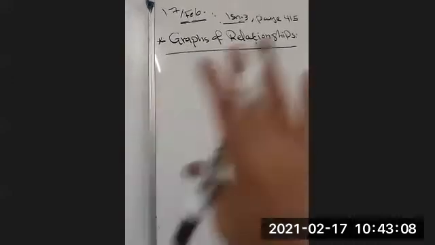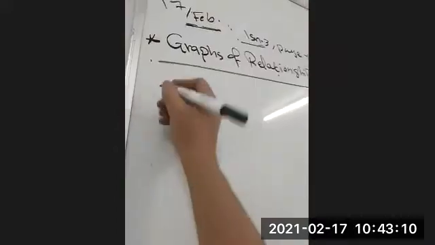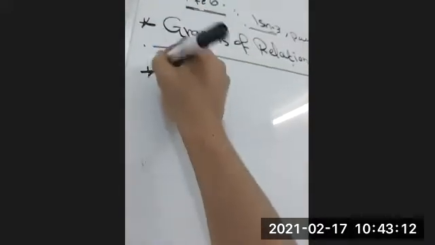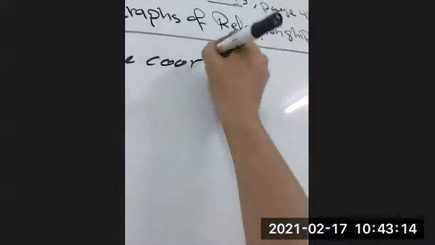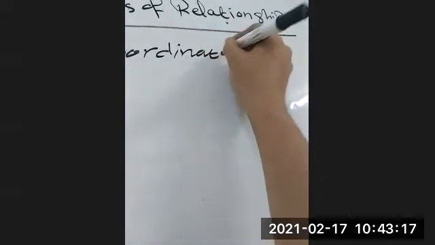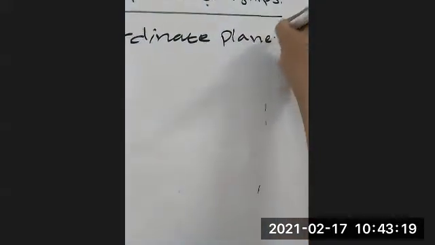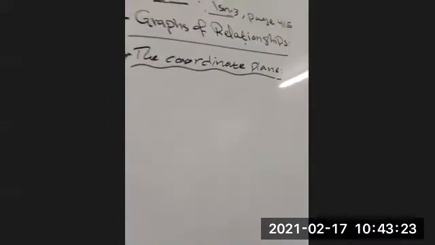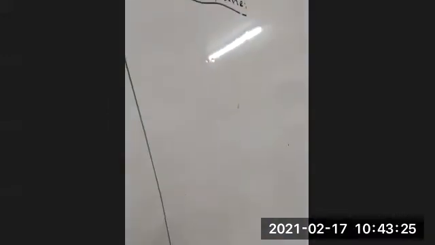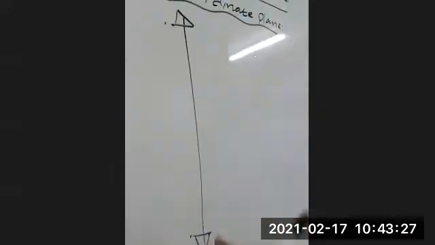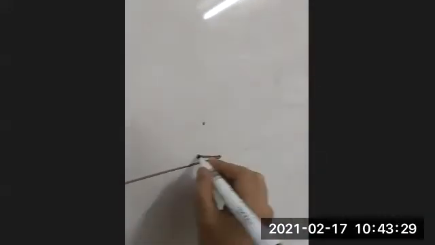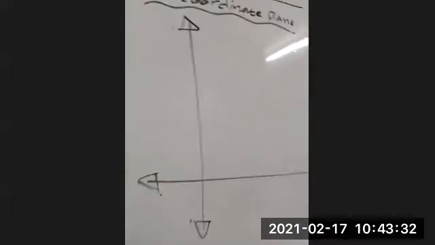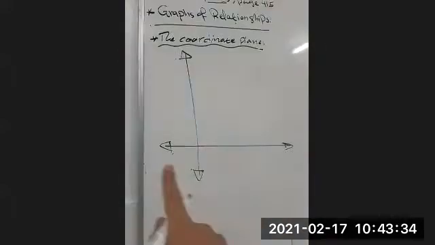Now, before I start with this idea, let's remember something. We call it, if you remember, the coordinate plane. Now, we took something like that before. So the coordinate plane contains two axes, vertical one and horizontal axis, like this, vertical and horizontal.